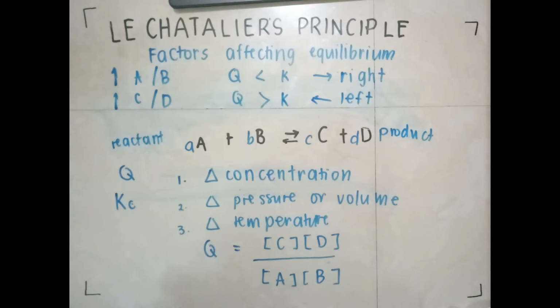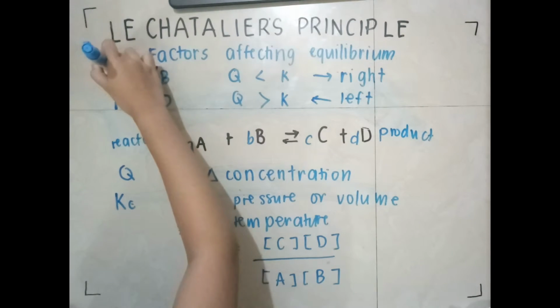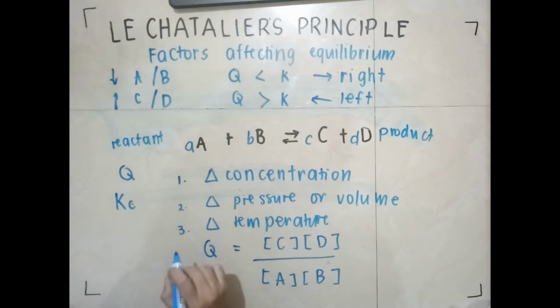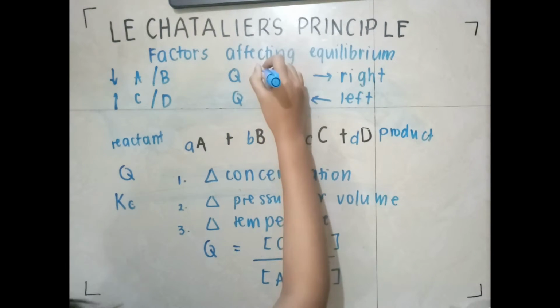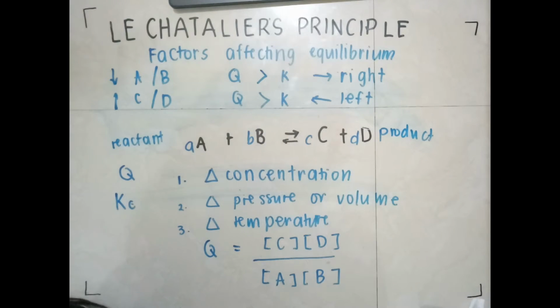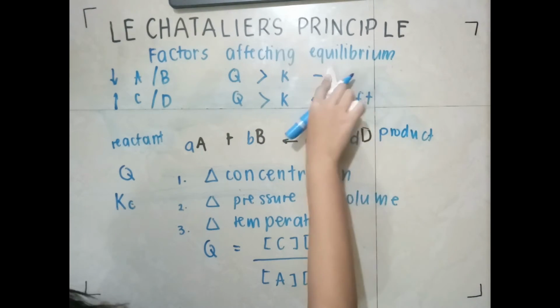Now what happens if we decrease the concentration of A or B? Q is now greater than K, meaning the reaction will shift left.